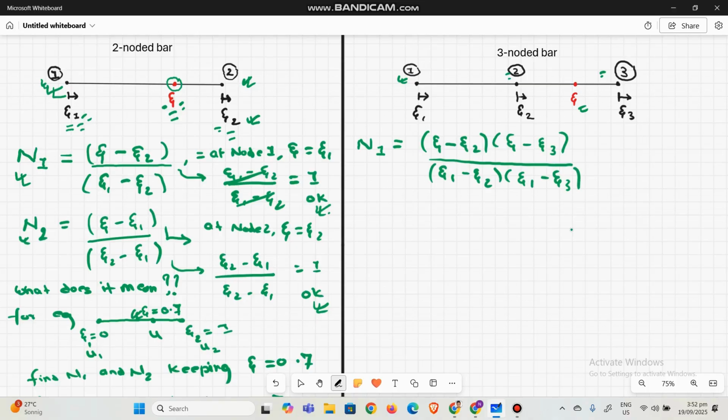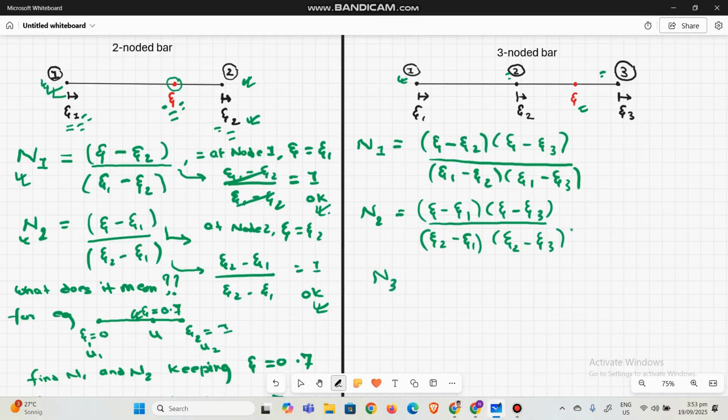Okay. Similarly, for node 2, what you do is quite similar. Xi minus, now it's not xi2, it's xi1, and xi minus xi3, divided by xi2 minus xi1, xi2 minus xi3.